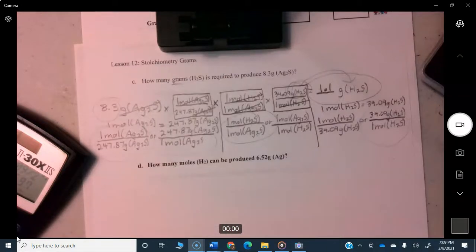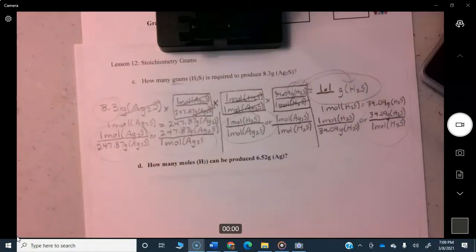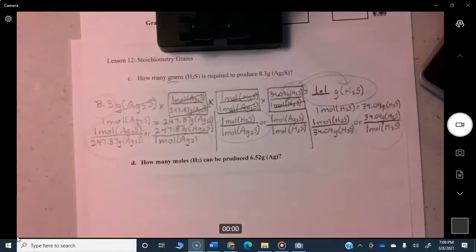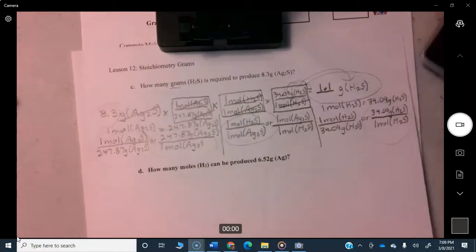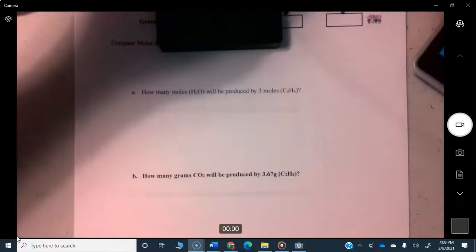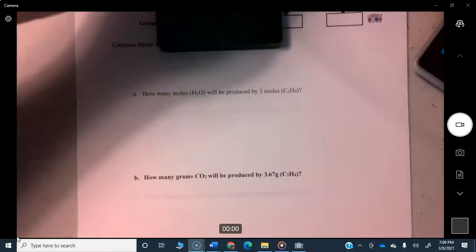The one thing to notice about this is just a lot of multiplications and divisions. There's no really deep math in this. It's all multiplication division stuff, okay? All right, what else do we have on this one problem? Nothing, that's it. So problems B and D are for you to do on your own.